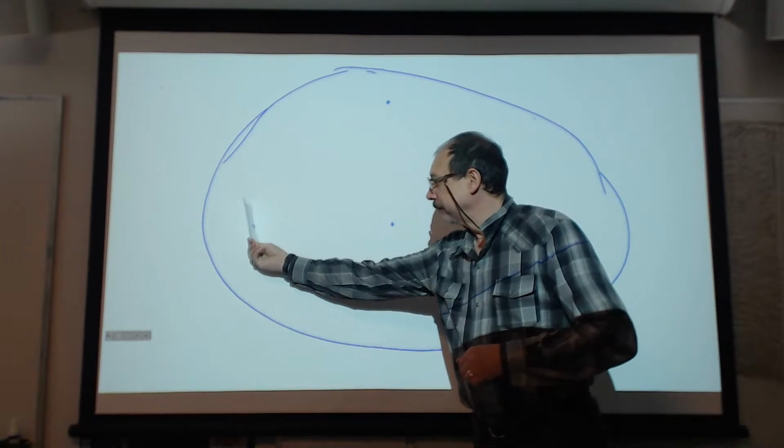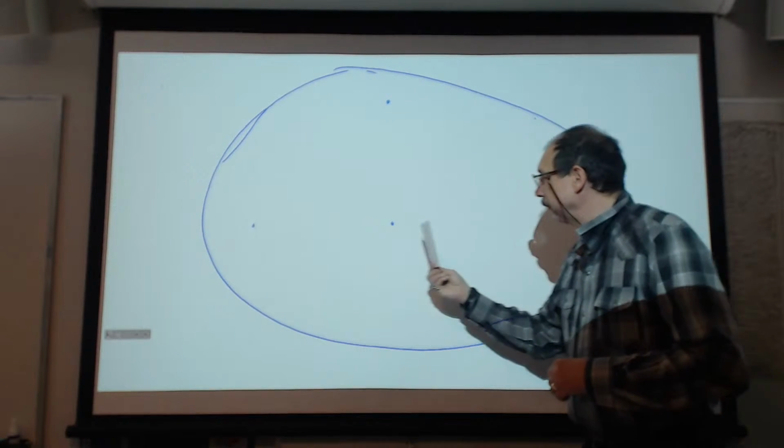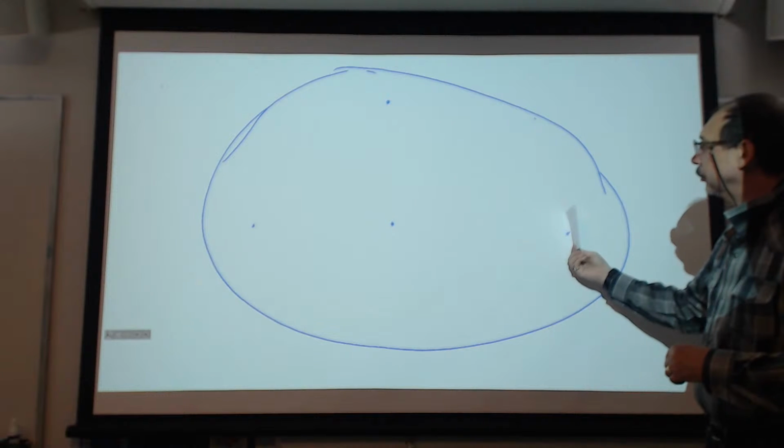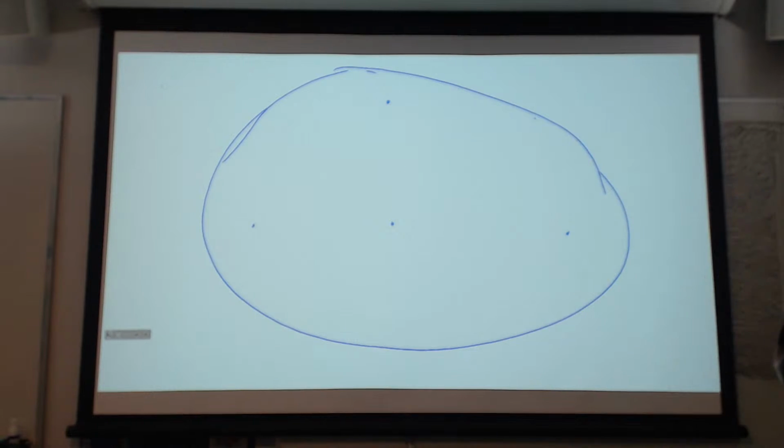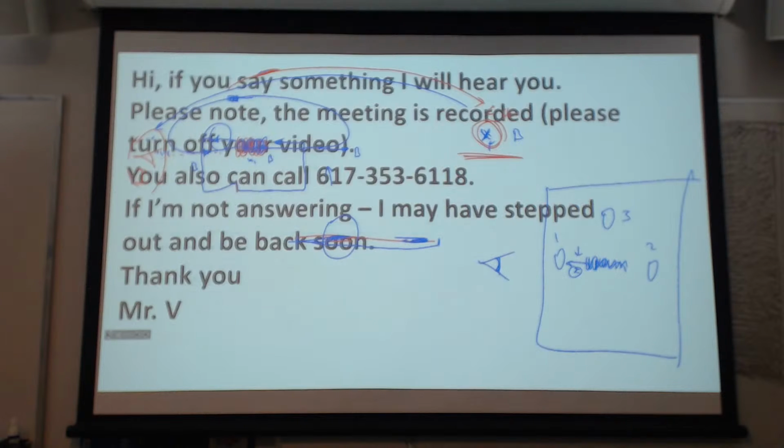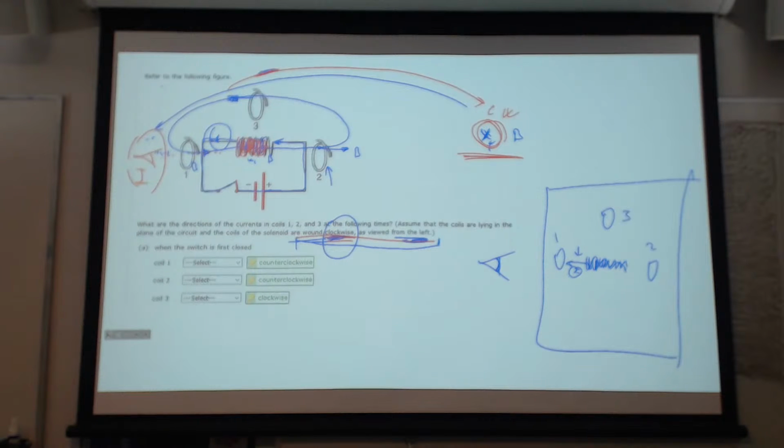This is loop number 1. This is loop number 2. This is loop number 3. So if the coil is in the plane of the field, then the loop itself is perpendicular? Well, this is exactly what this picture shows you. Otherwise, it wouldn't be this. Otherwise, it would be this.